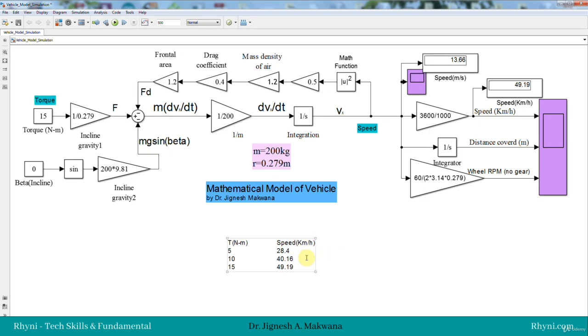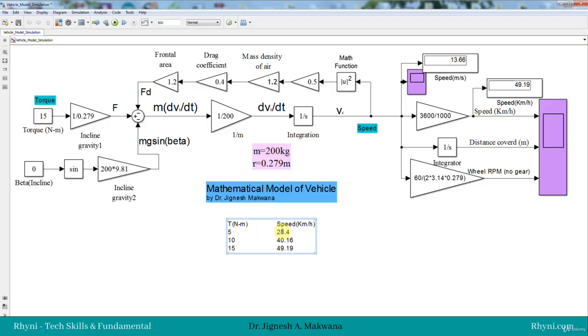When you plot this, it is called the torque speed characteristic of the vehicle. We are measuring the steady state speed. We will use this characteristic for merging the different system level simulations, electrical with this mechanical model of the vehicle. So this torque is generated.